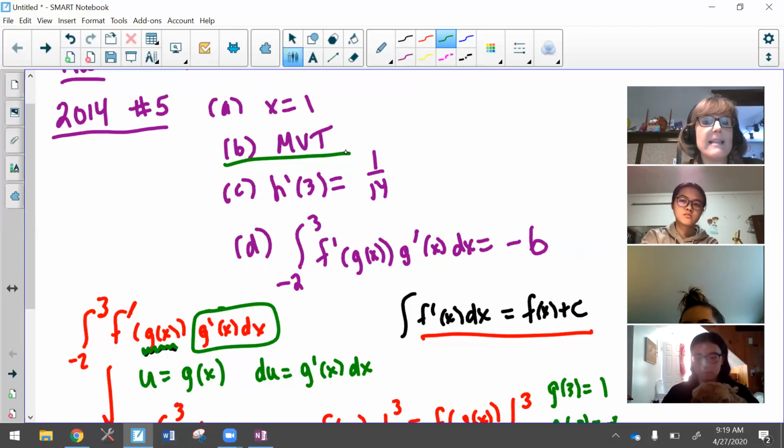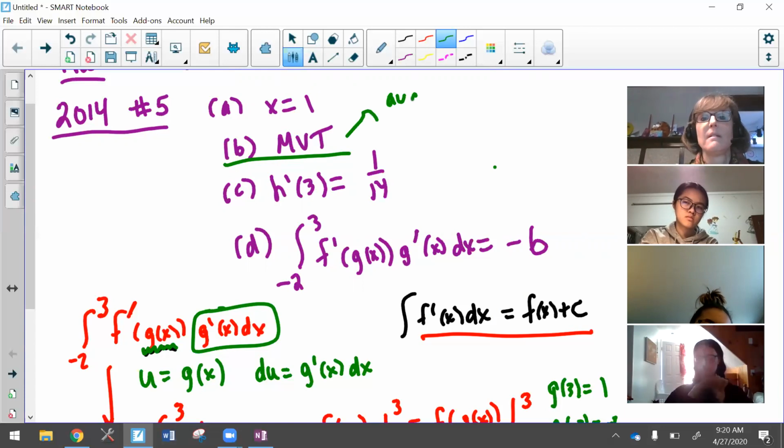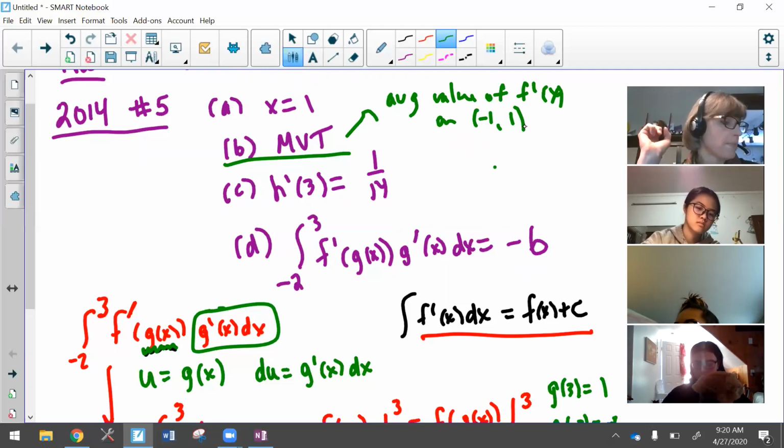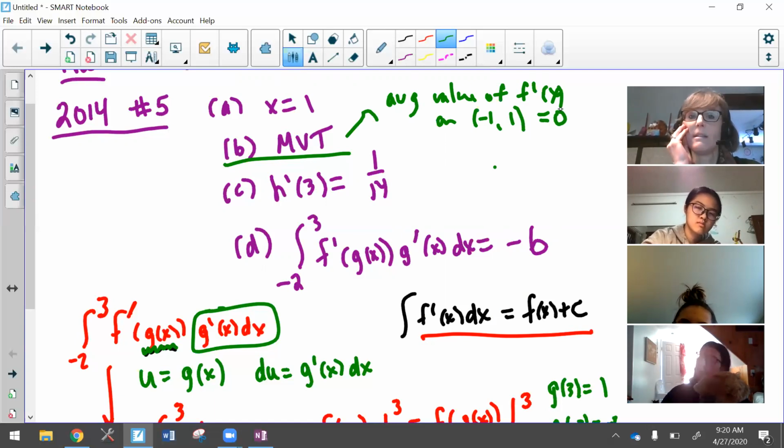So what I did there is I found the average value for f prime on the interval from -1 to 1. And that happened to be equal to 0 when I did the calculation.